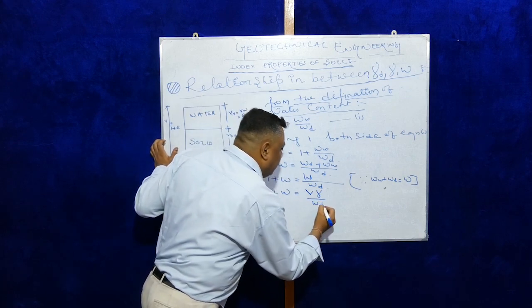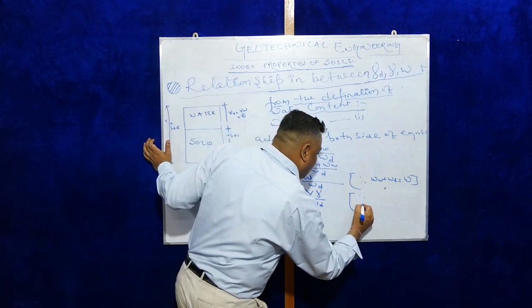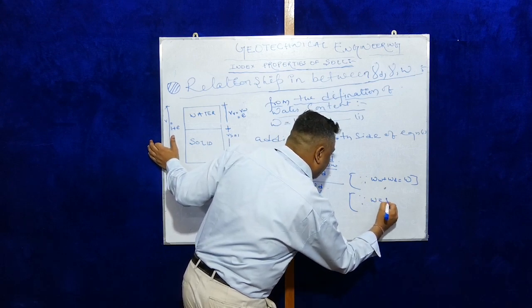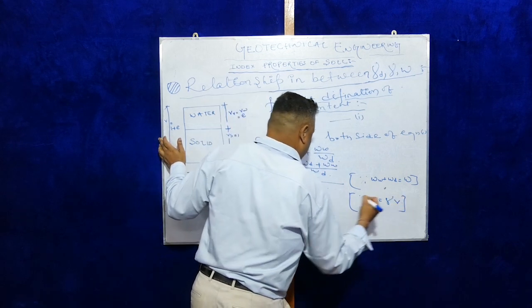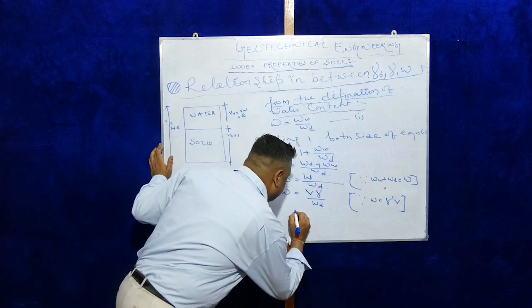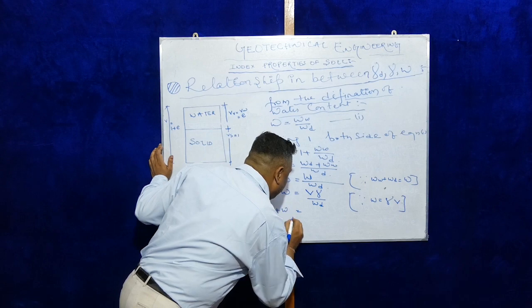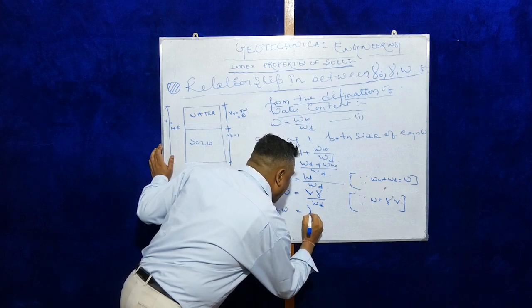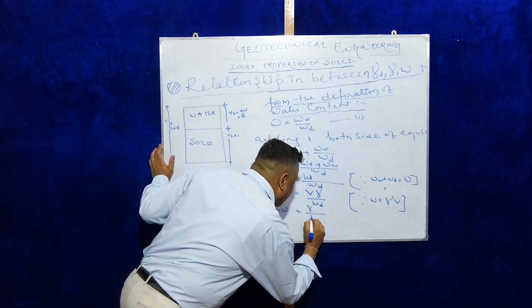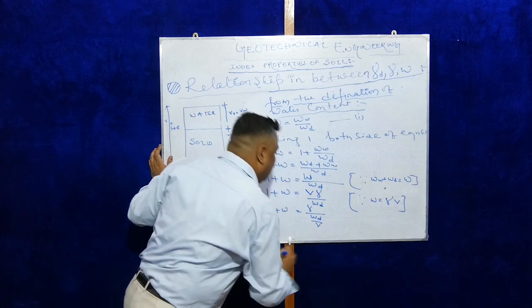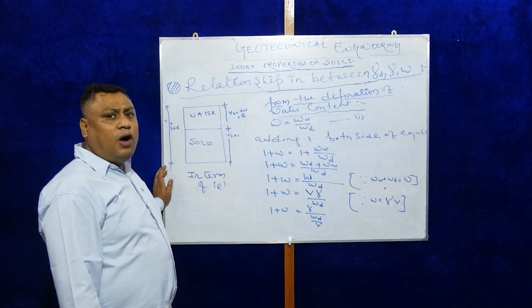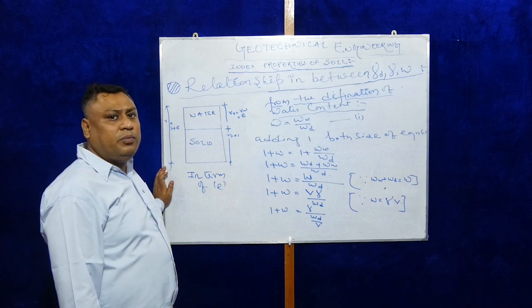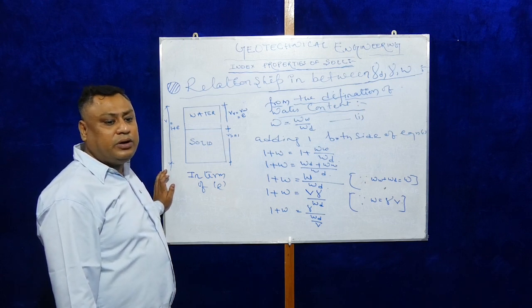As we know, W is equal to gamma into V. Next, 1 plus omega is equal to gamma into V by Wd. Now, what is Wd by V?